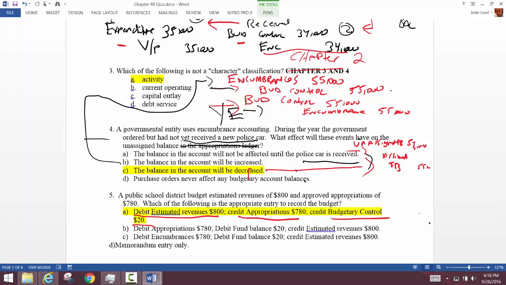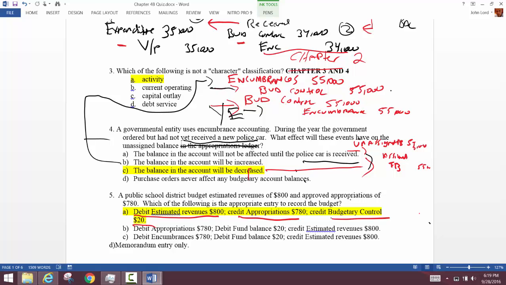They debit estimated revenue 110,000. They credit appropriation for 100,000. And I guess they're going to have a credit to budgetary control. They have a surplus, right, of $10,000 here in this example? Right? Okay, then what?